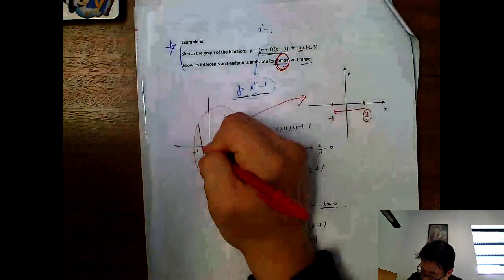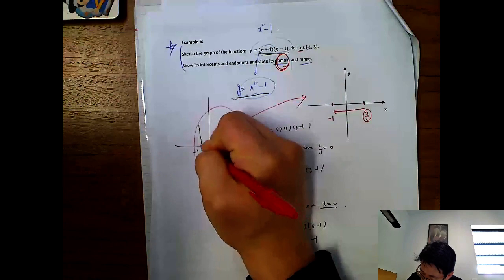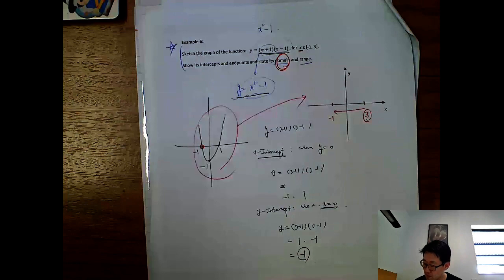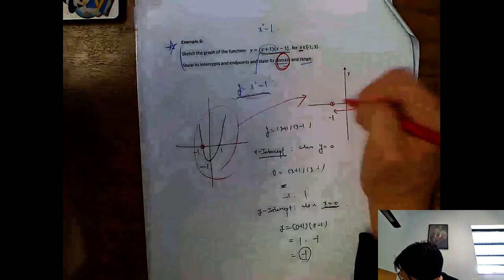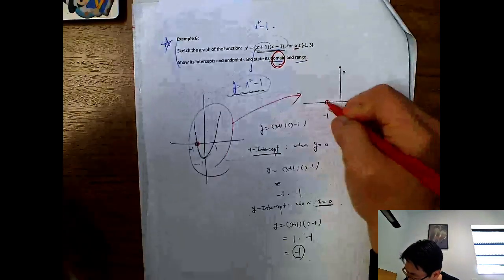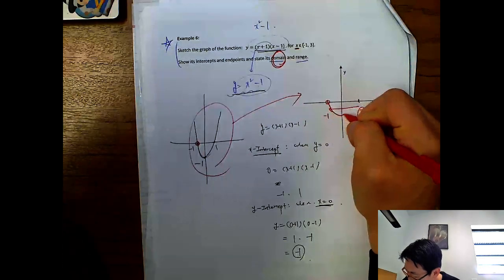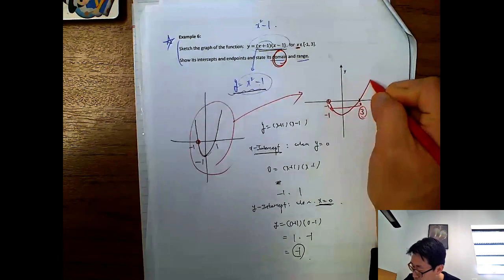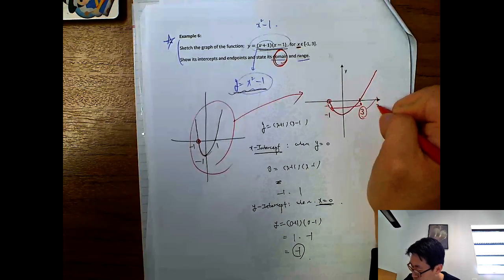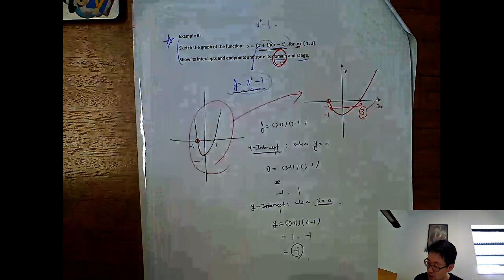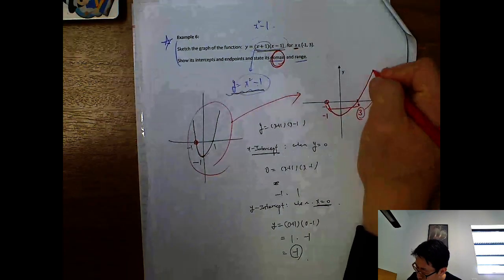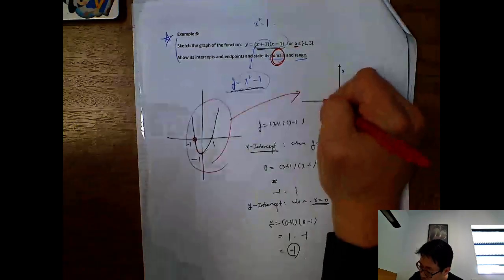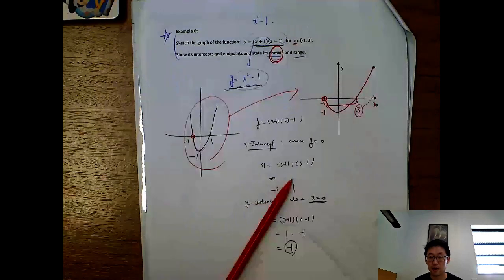I can use what? An empty dot. Remember that? So an empty dot. Follow that, and pass minus 1 and 1. Continue till 3. Does it make sense?